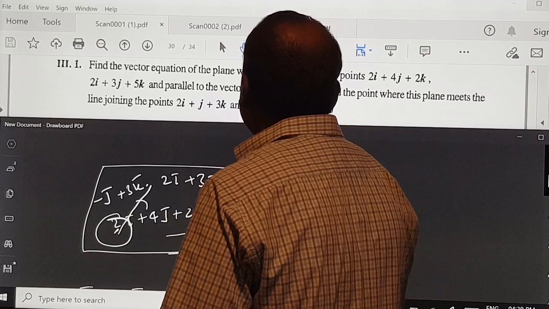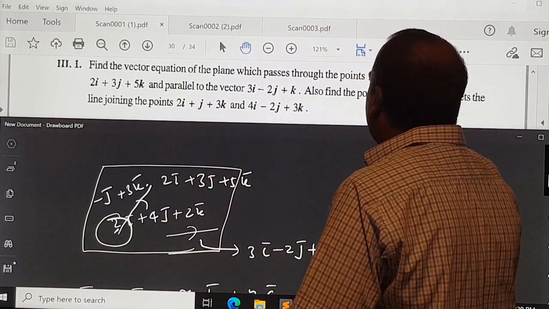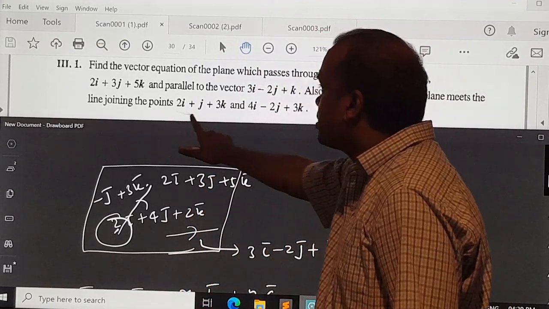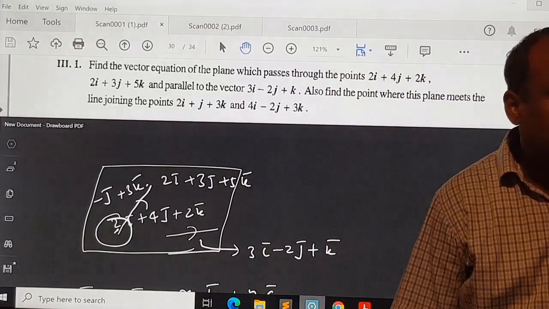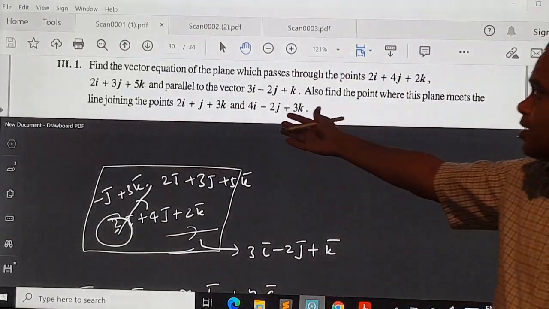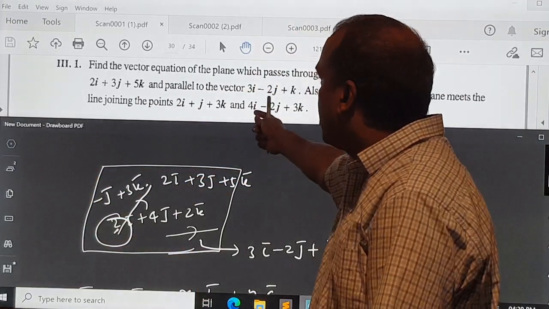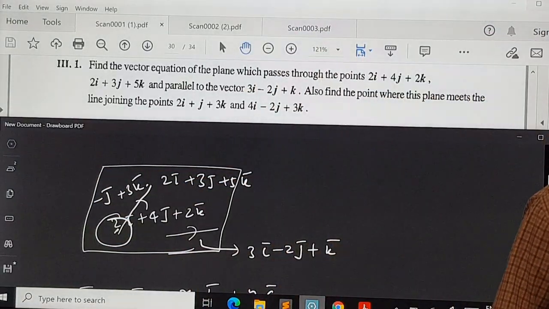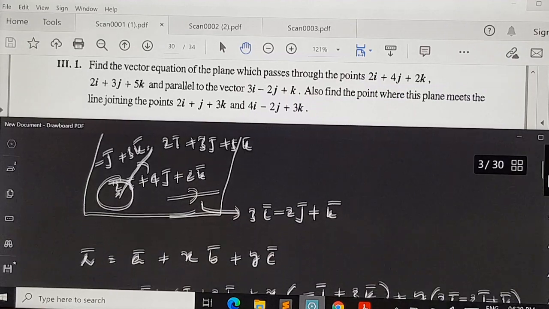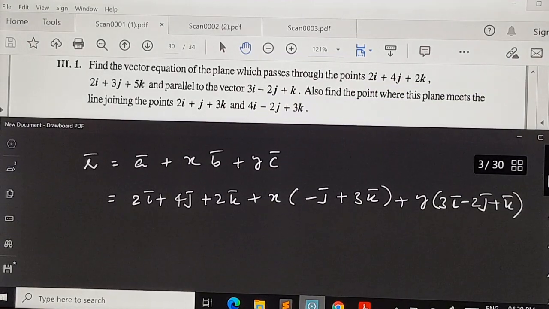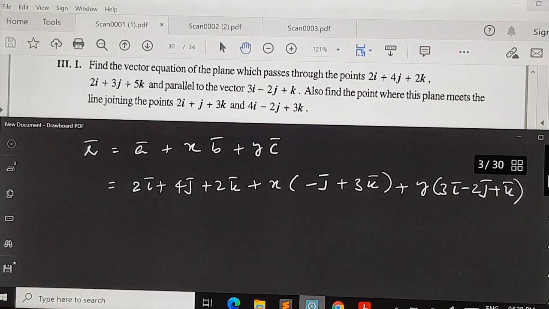For the second part, also find the point where this plane meets the line joining this one. It is like that last solved example, finding the point of intersection of a plane and a line. So for that, I go for the line equation: r bar is equal to a bar plus t b bar.